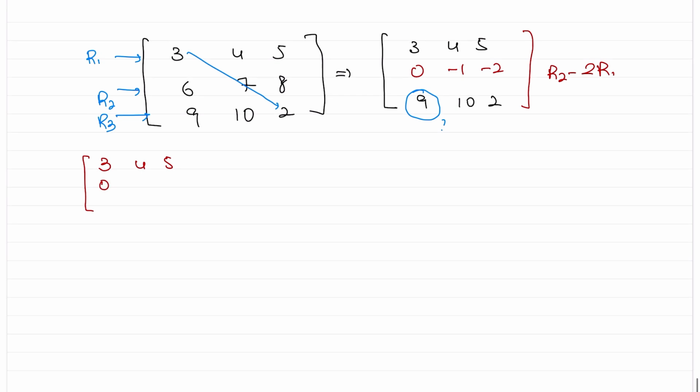I am not operating on R2, hence R2 will not change. R3 will change. How it will change? R3 minus 3R1. That means 0. R3 is 10 minus 3R1, minus 2. R3 means 2 minus 3R1, 2 minus 15.